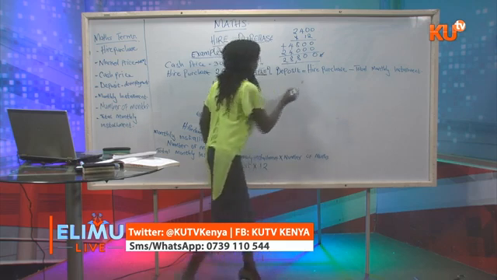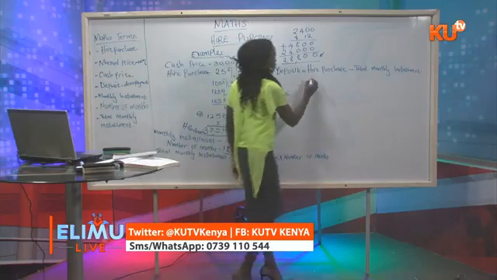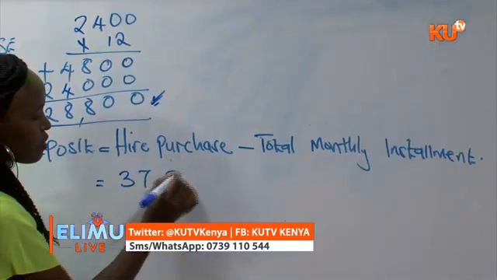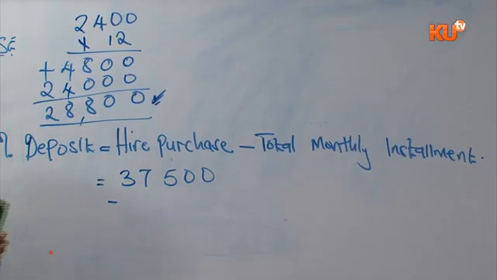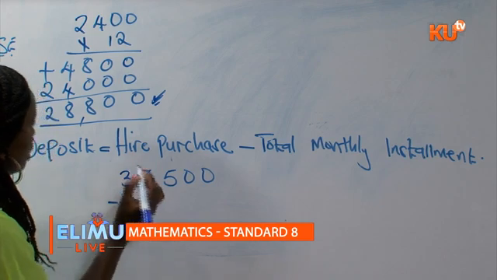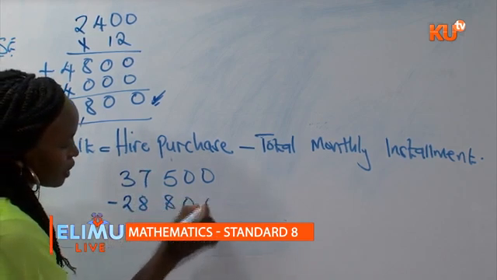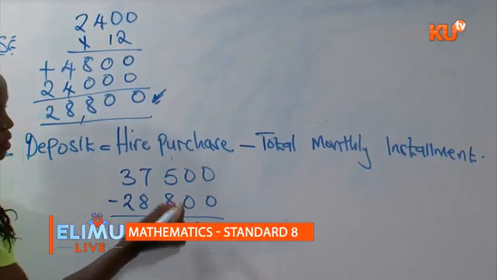I hope you are with me. The hire purchase is 37,500. We take away the total monthly installment, which was 28,800.